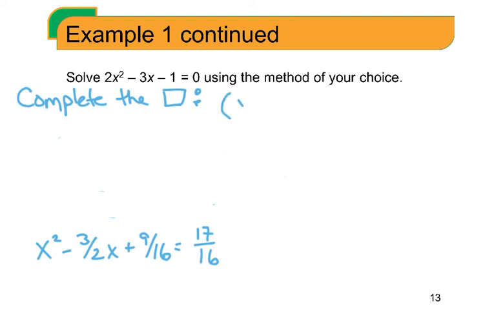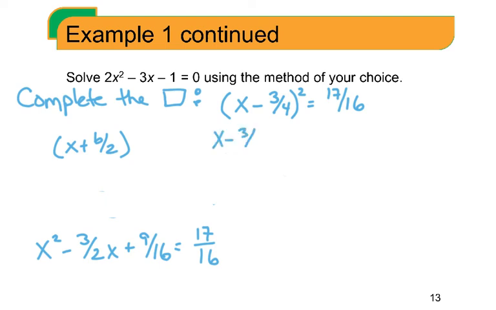We do this. X plus, remember what it will be, x plus b over 2. B over 2 was negative 3 fourths squared equals 17 over 16. So x minus 3 fourths equals plus or minus the square root of 17 over 16. X equals what?